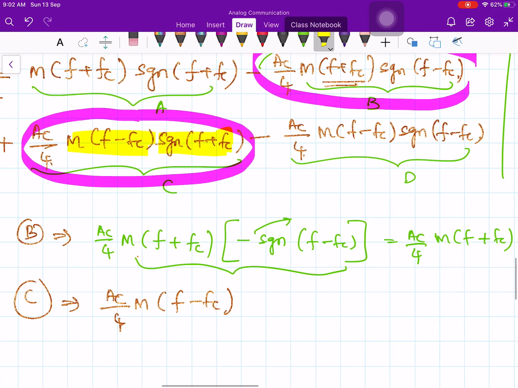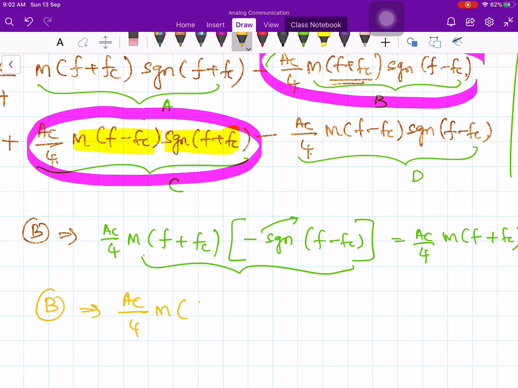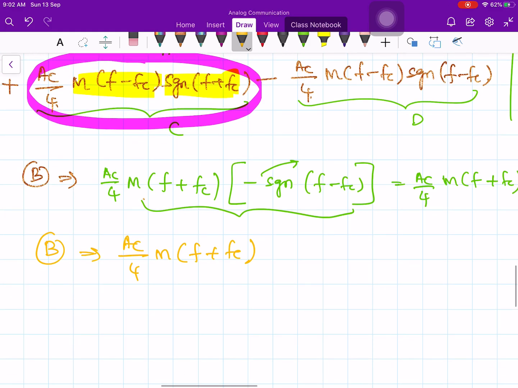So that is your B term. B is equal to AC by 4 m of f plus fc. Similarly, your C term becomes AC by 4 m of f minus fc signum of f plus fc.